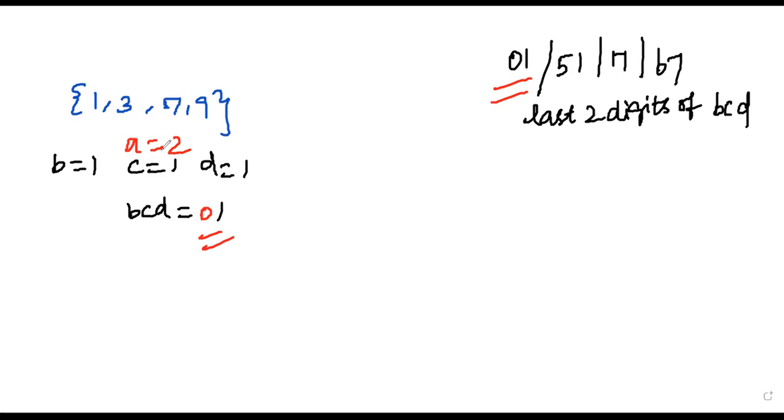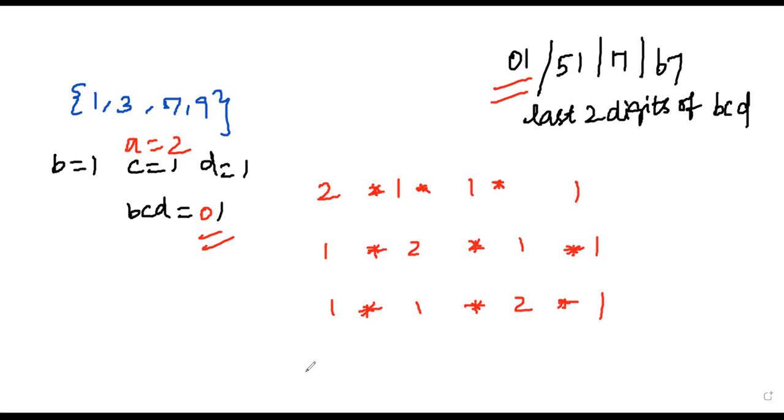Okay. So A is equal to 2, B is equal to 1, C equal to 1, D is equal to 1. They're asking about the quadruples. What does it mean? It means 2 into 1 into 1 into 1, right? And also 1 into 2 into 1 into 1, like 1 into 1 into 2 into 1, and also 1 into 1 into 1 into 2.